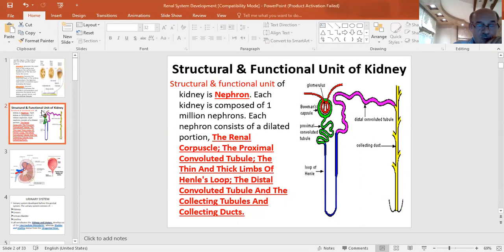Now, to understand the development, you have to start to go backward from the functional point, that is from the glomerulus, backward into the renal tubule, into the collecting ducts, into the conductive ducts like the minor calyces, major calyces, pelvis, ureter, etc. All right.